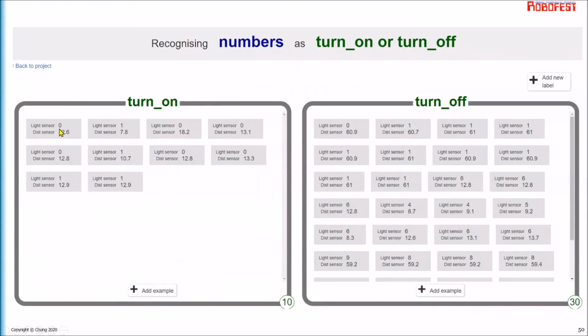So I covered the light sensor completely, then the value was 0. The distance sensor was pointing to my monitor, so the distance was around 12 inches. Light sensor 1, still very dark. Distance sensor, I move my hand. So those are conditions for turning on the light.